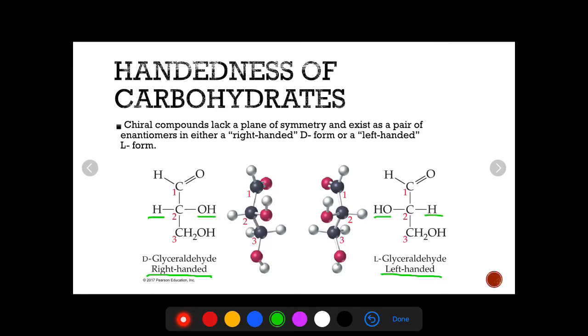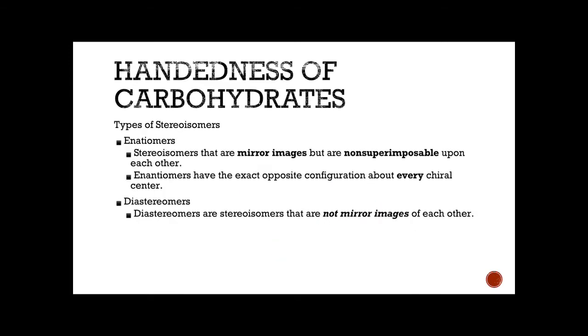On this one, the hydroxyl is on the right side. On this one, the hydroxyl is on the left side. Enantiomers are stereoisomers that are mirror images, but they're not superimposable. They have the exact opposite configuration at every chiral carbon.